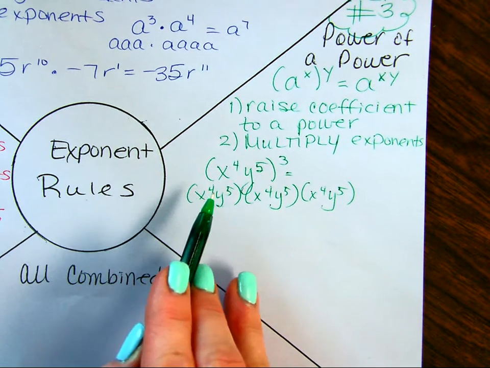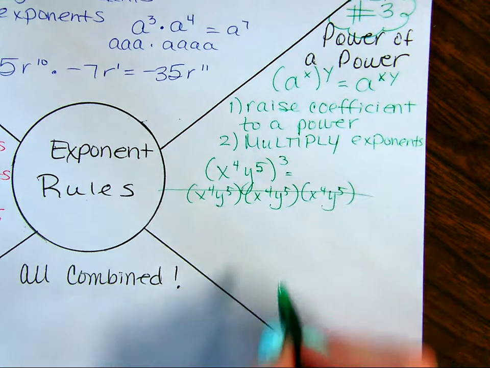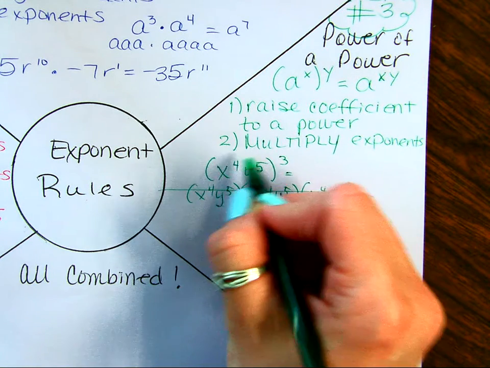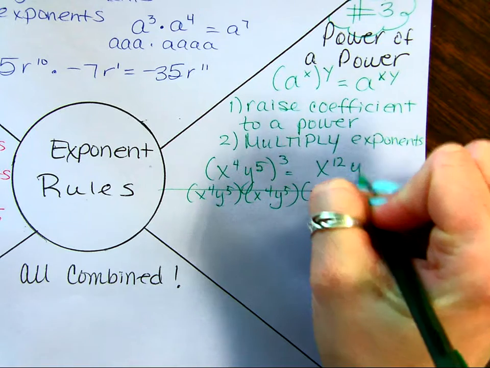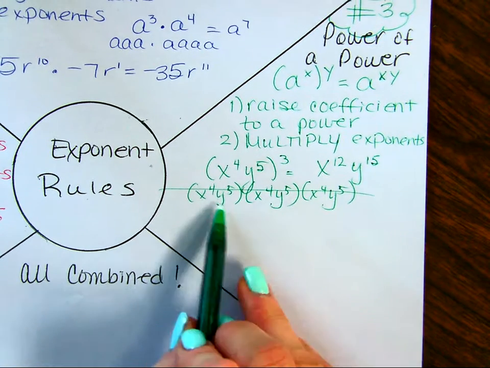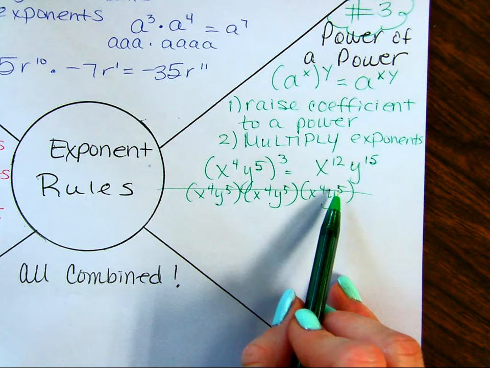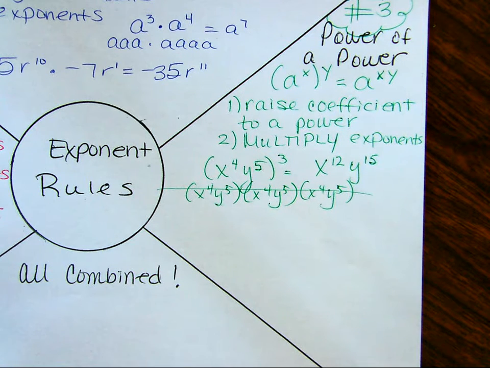It would be add 4 plus 4 plus 4. But you're not going to really do that because you're just going to multiply the 3 times the 4. So this is going to be x to the 12th, y to the 15th. This is showing you why you multiply. Because you have 3 groups of 4 and 3 groups of 5 to get 15. That's why it's multiplied, okay?